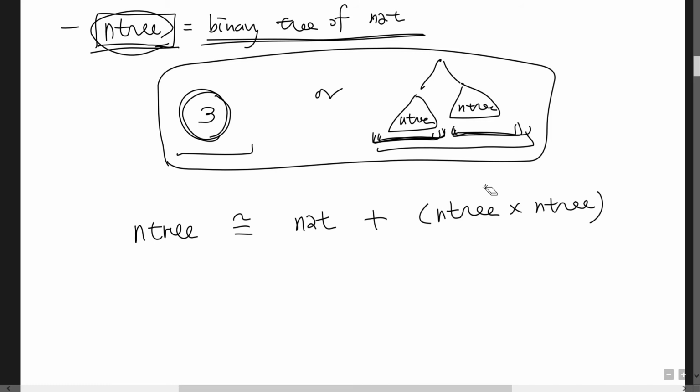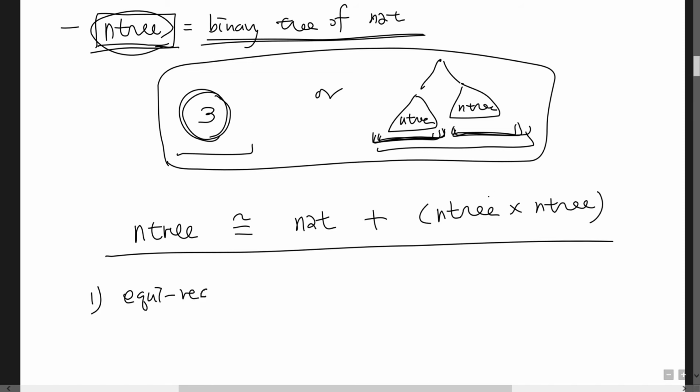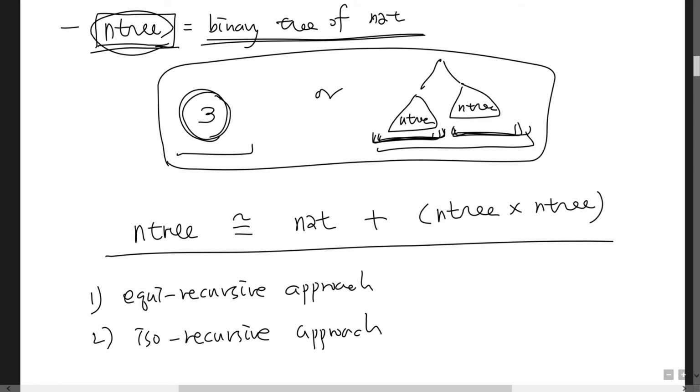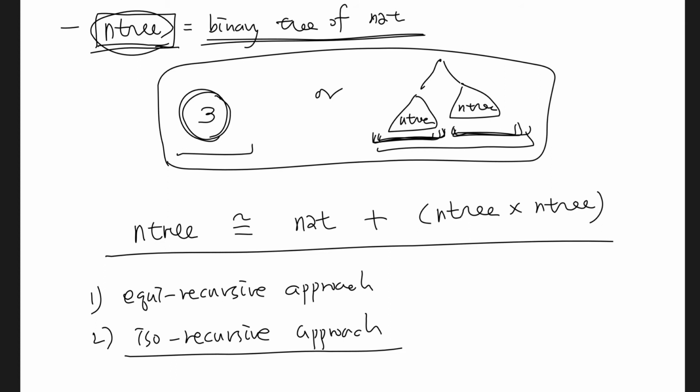So in programming language theory, there are two approaches to interpreting this equation. The first is the equi-recursive approach, and the other is the iso-recursive approach. It turns out that we are going to take the iso-recursive approach, which will be useful for implementing recursive types in your programming assignment.